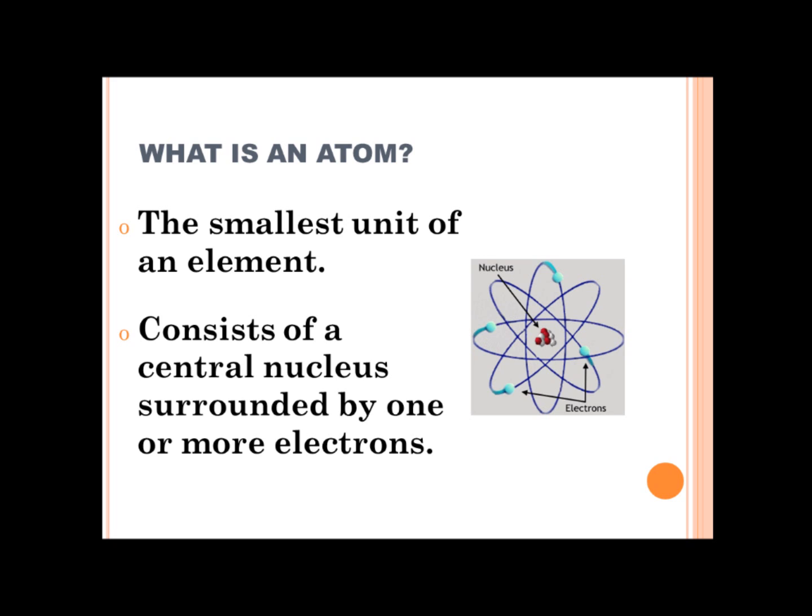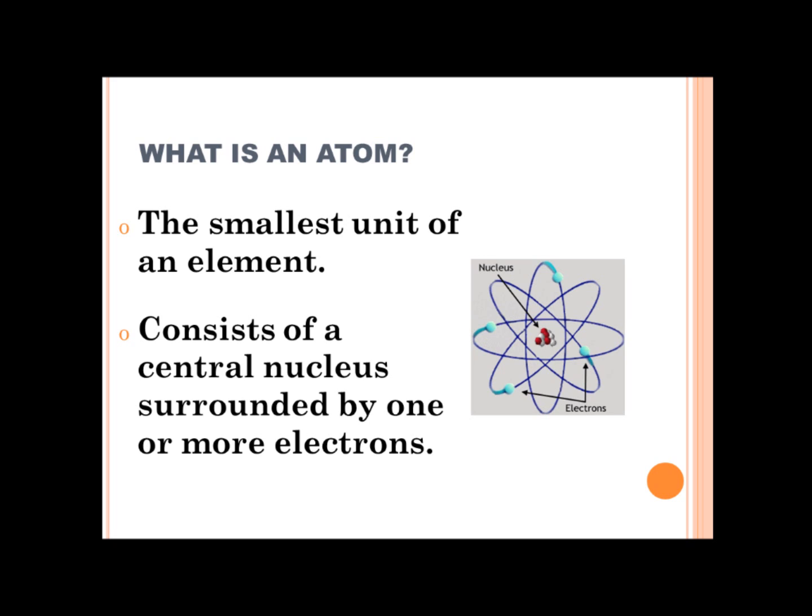If I break an atom down, I can break it into its parts, which we'll talk about in a second. But for instance, if I take an atom of hydrogen and I break it down even further, it's not going to be hydrogen anymore. It's not going to have any of the properties that hydrogen has. So an atom is the smallest amount of an element that still has all the properties of the element.